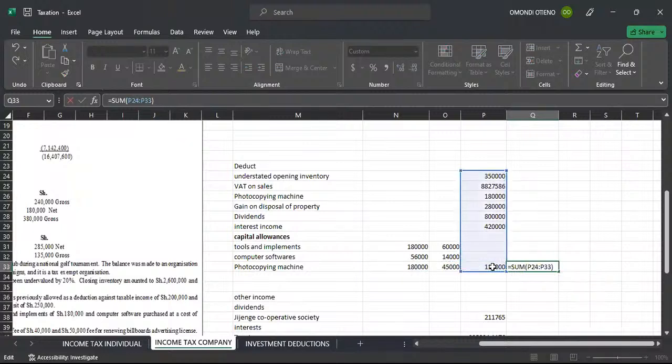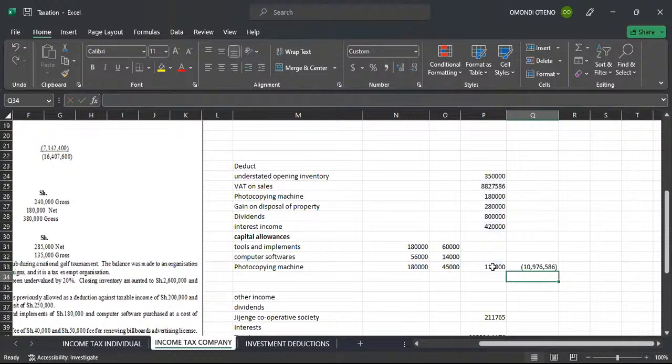And of course, we need to see a negative there. That is what we are going to have there if we deduct.